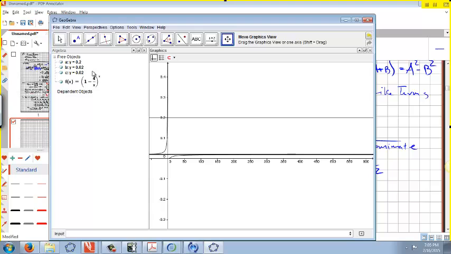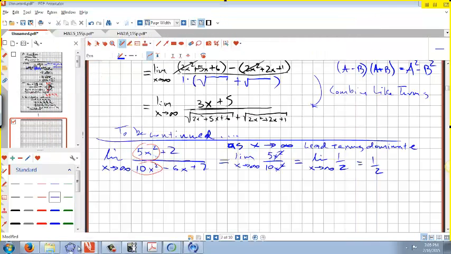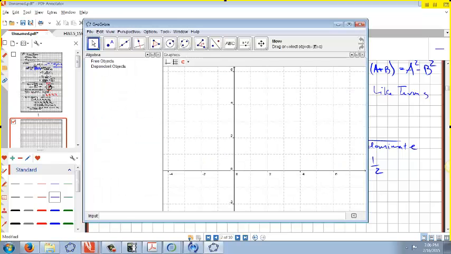And if you actually graph it, you can see that this is true. So as we send x to infinity, when we're dealing with a rational function, really what we end up doing is comparing the lead term.